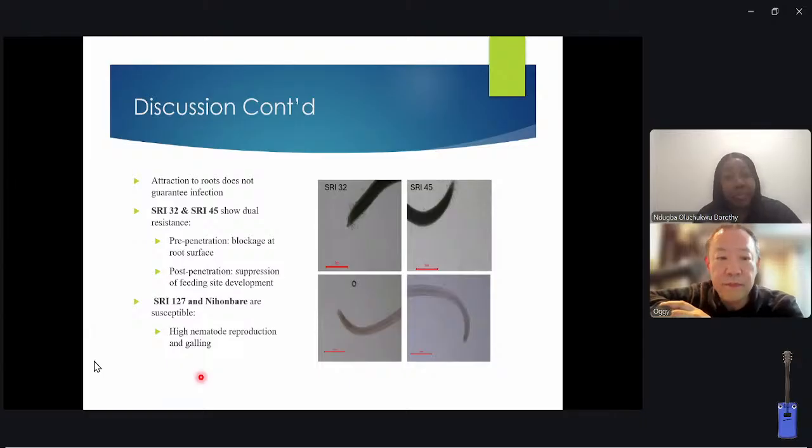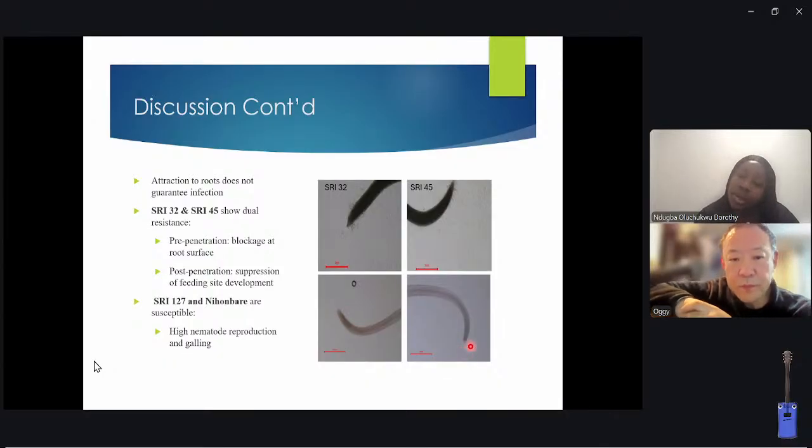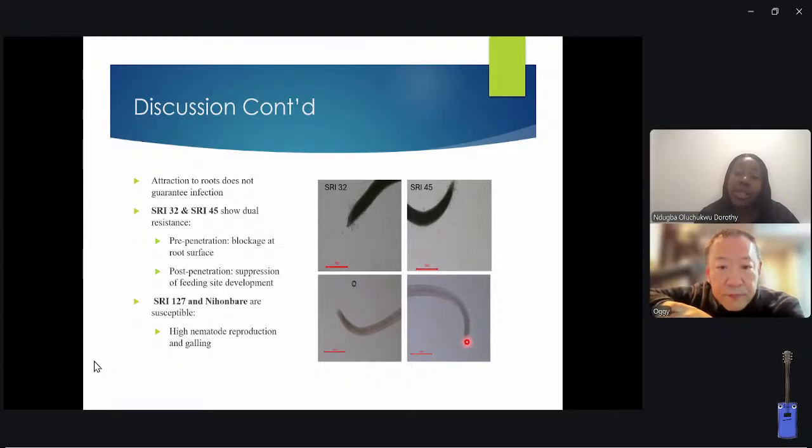Also, root attraction does not guarantee infection, like the picture explains. We can see that 32 and 45 nematodes were attracted to their roots, but there was no penetration. So a nematode can be attracted to a root, but if it can't penetrate, that shows the variety is resistant to the nematode.